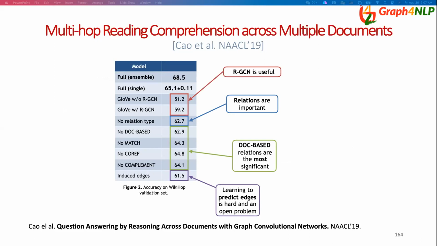Second, based on ablation tests, we can see that if we remove all the relation types, there is a significant drop. That means differentiating the different kinds of relations is important. And if we look at removing different types of nodes, you can see these document-based relations are the most significant.